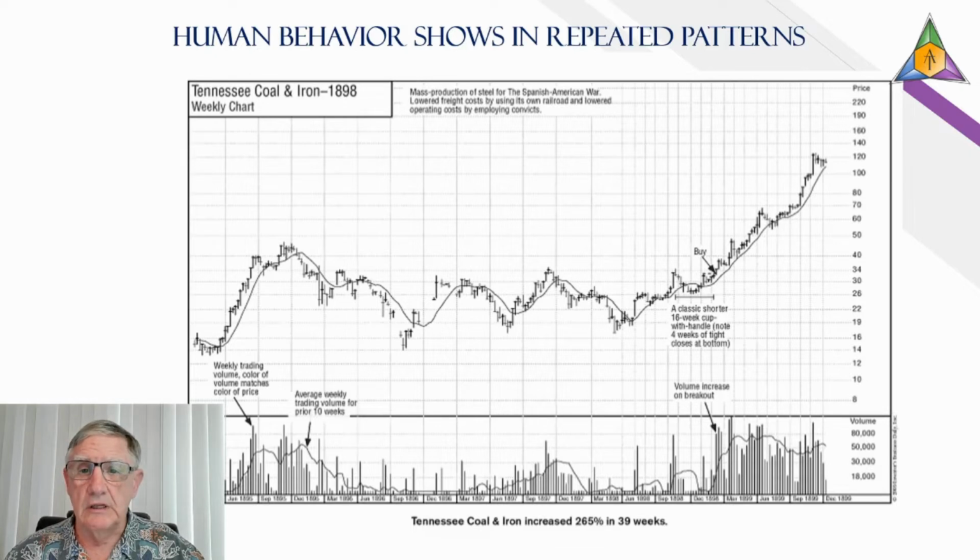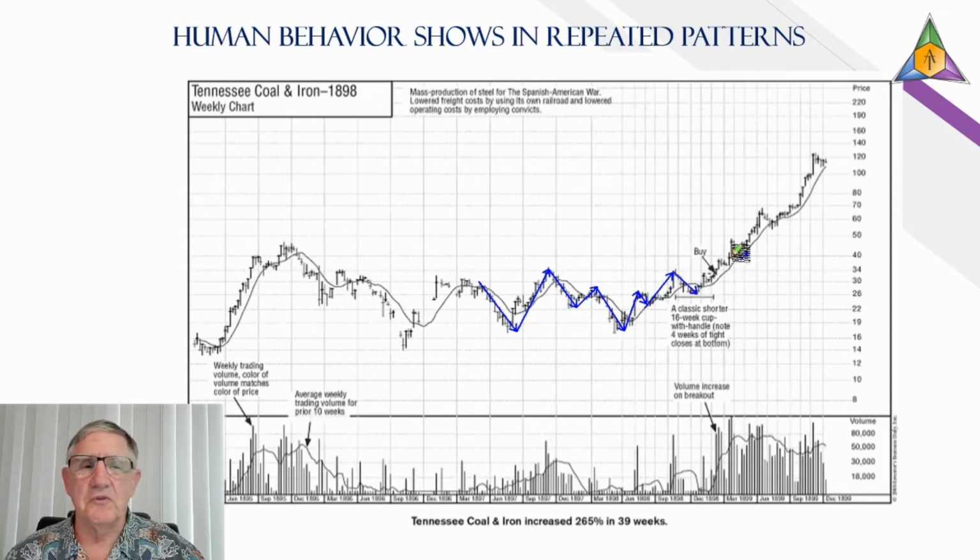Do you see anything similar to what we saw before? Yeah, you get these sell-offs, reaction, rally, reaction, rally, reaction, rally. Guess what? Human nature.